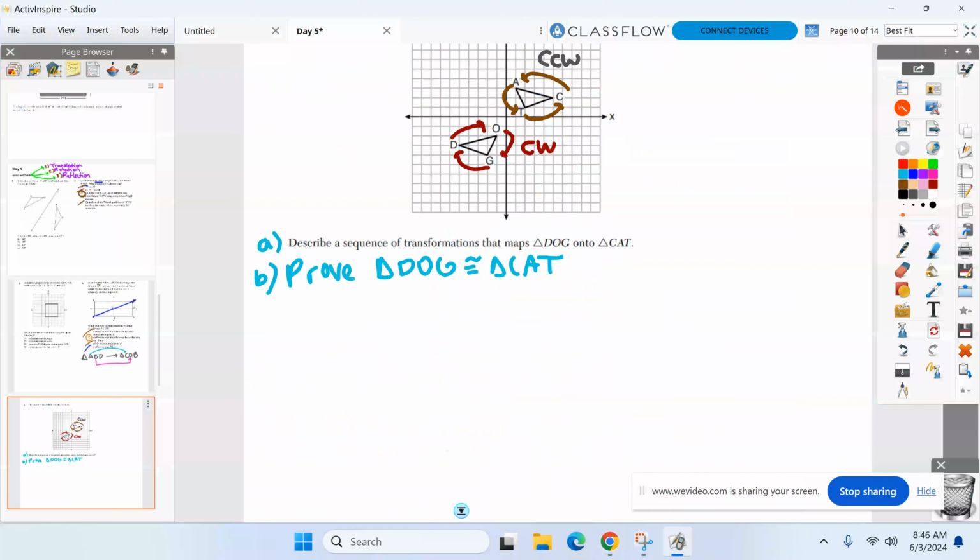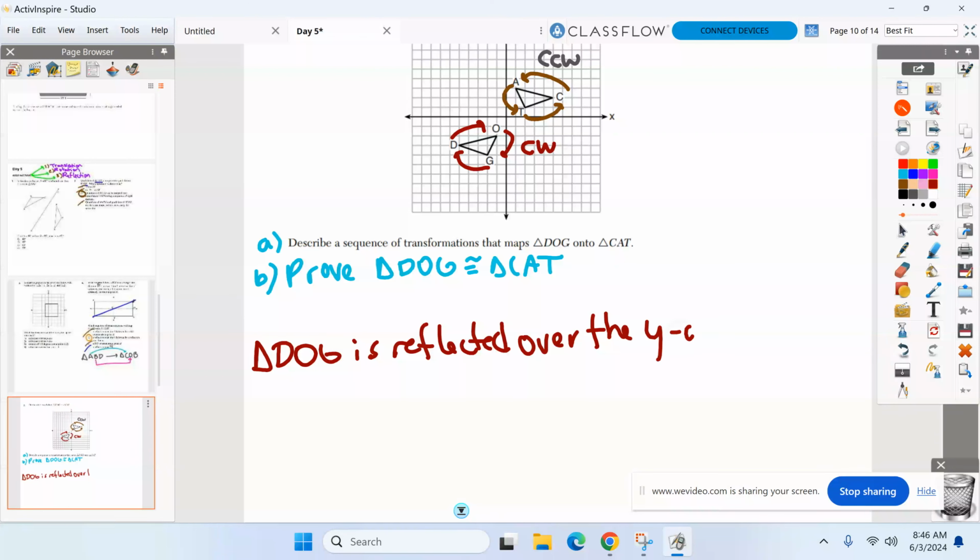Anybody have any different so I can check it at least, and you can keep it and don't have to erase. All right, so here we go. Triangle dog is reflected over the y-axis. Make sure we write this all out here.